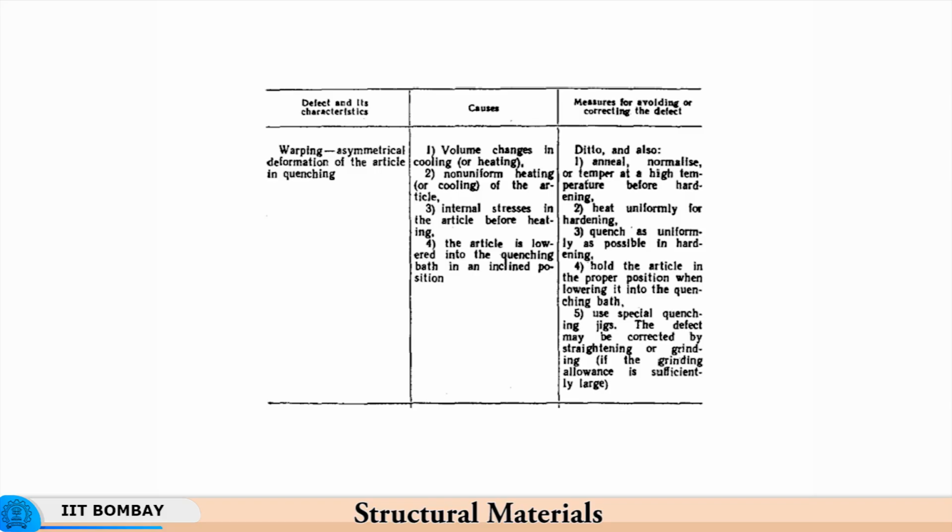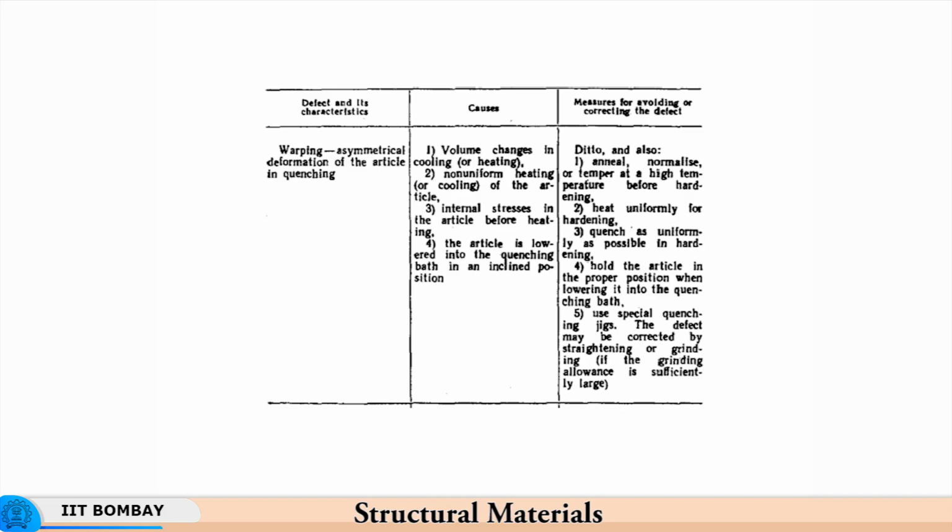And then if you are doing a quenching operation where the article is not immersed into the bath in the right position, in an inclined position, meaning that the entire article does not see the same bath temperature.